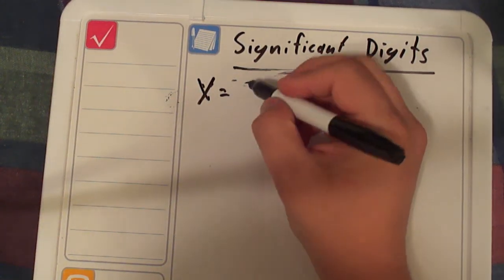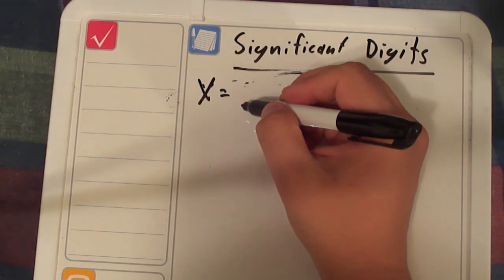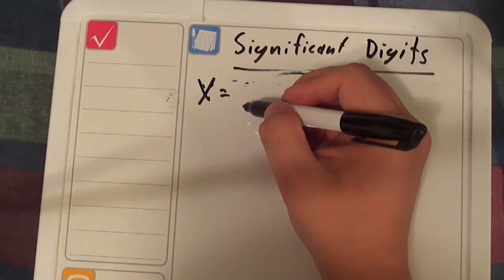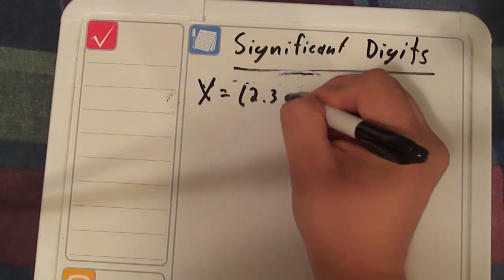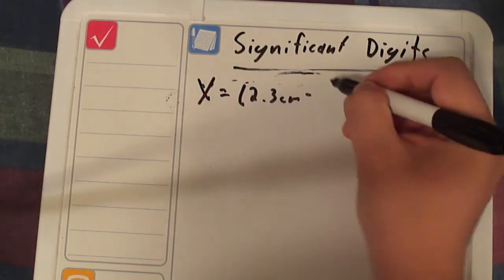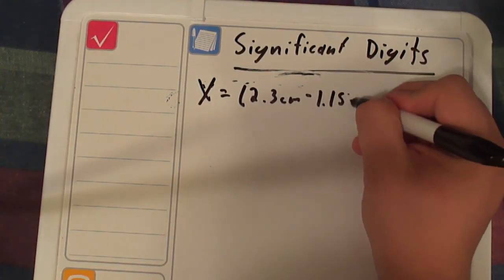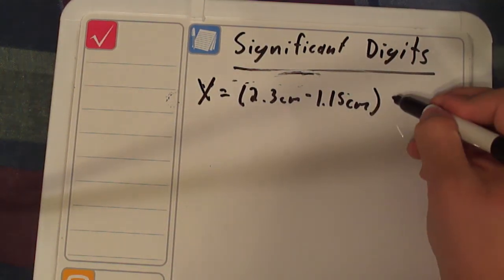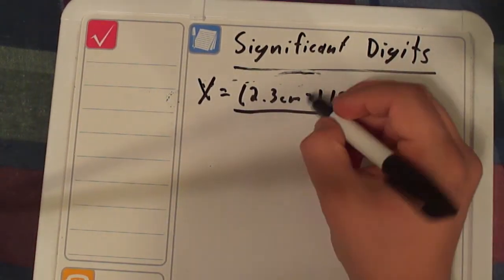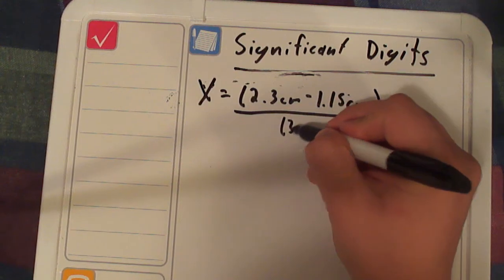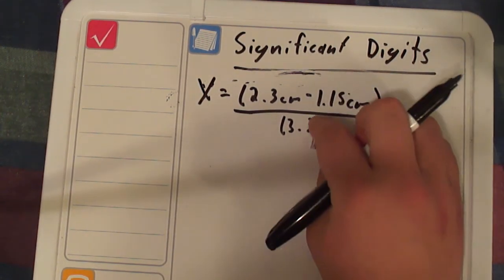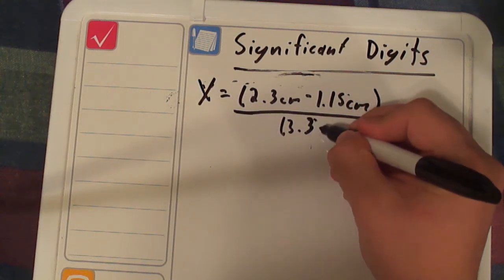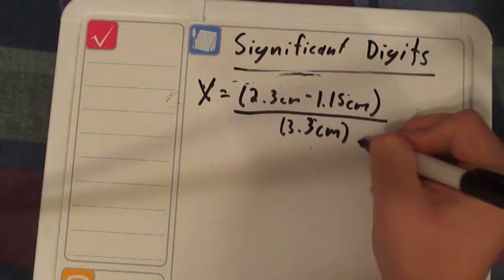X equals, actually, this is what I should do. 2.3 centimeters minus 1.15 centimeters, divided by 3.3 centimeters.